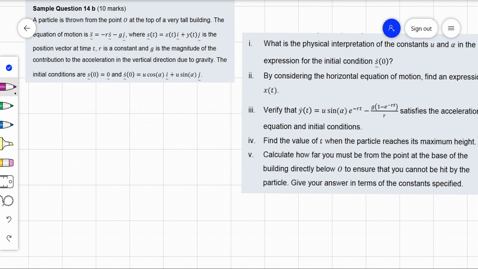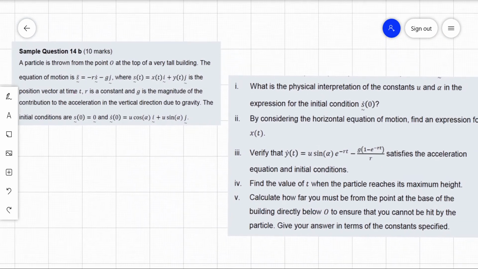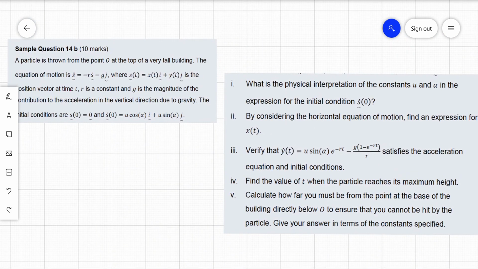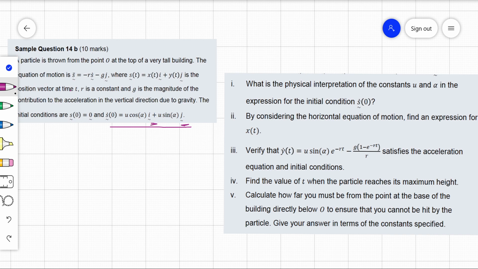And if we interpret the question as it asks, so here we've got what is the physical interpretation of the constants u and alpha in the expression for the initial condition? So the expression for the initial condition is down here. And clearly, S dot, we're dealing with the velocity of this particle, and it's broken into its horizontal and its vertical components.